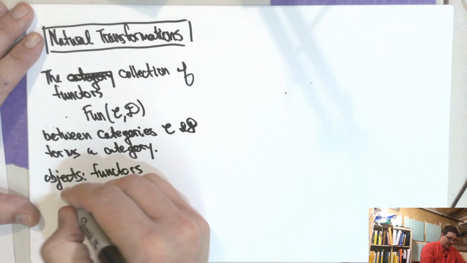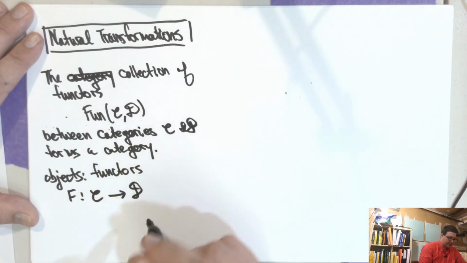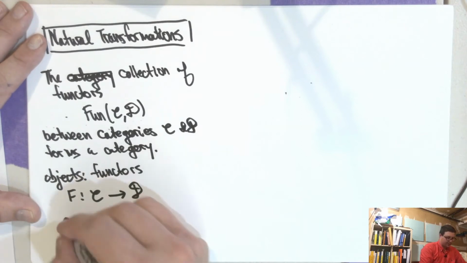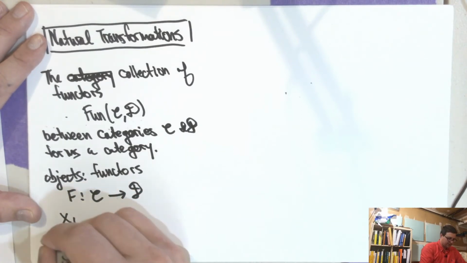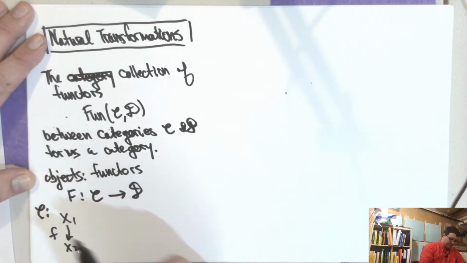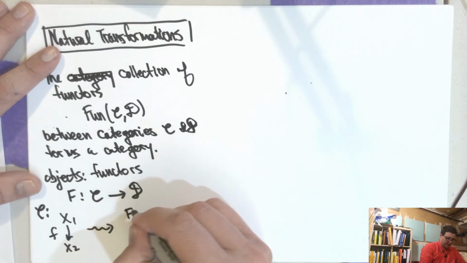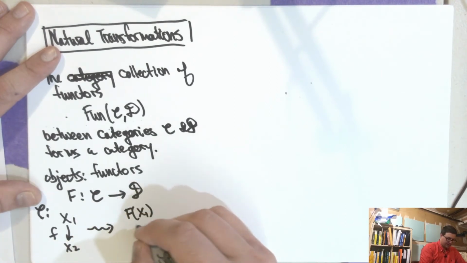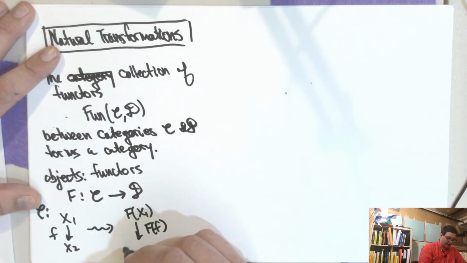So objects are functors F from C to D. As a reminder, that means that if you have a morphism x1 to x2 in C, then you get F of x1, and a new map F of f, and you have F of x2.